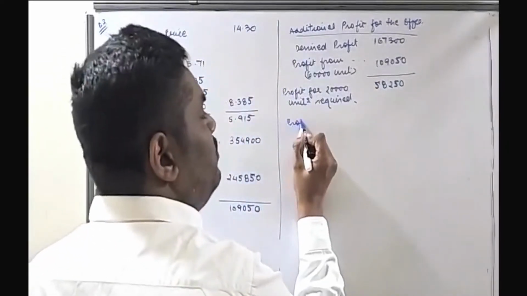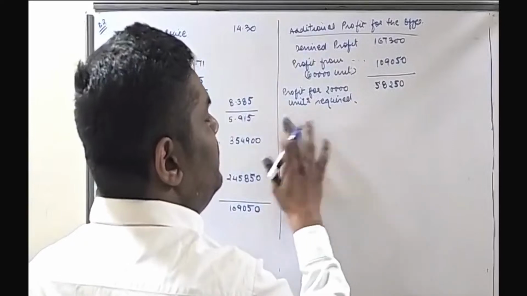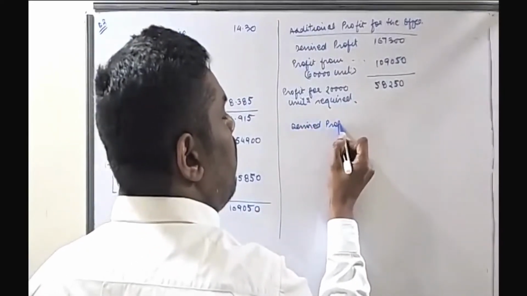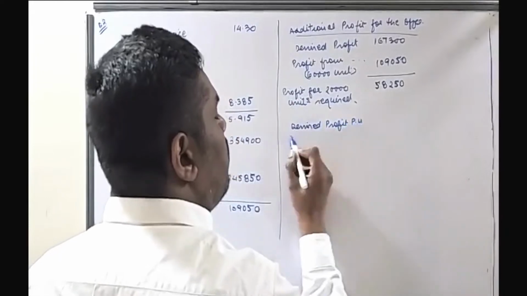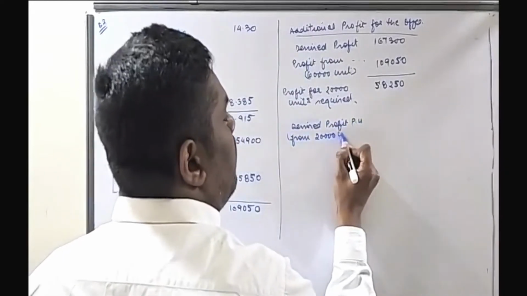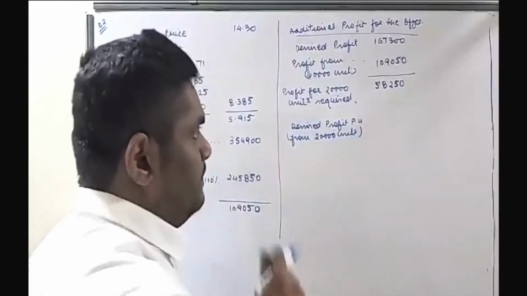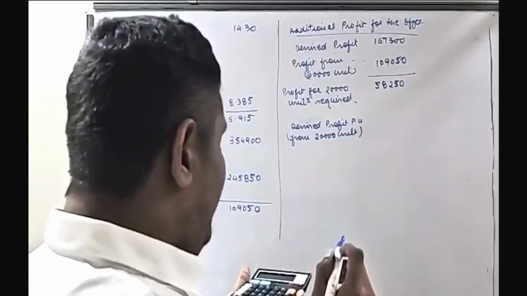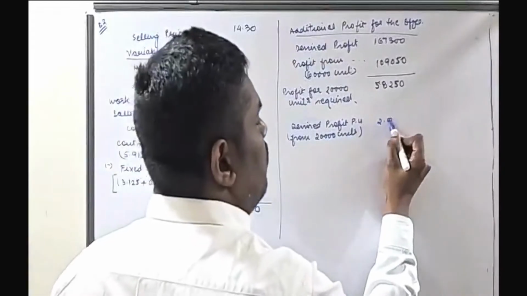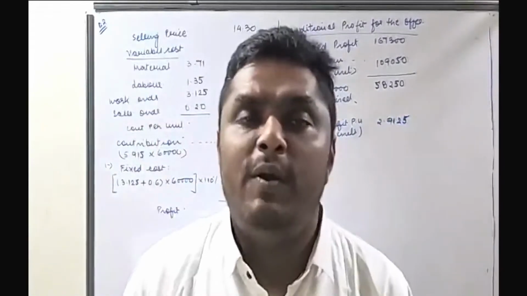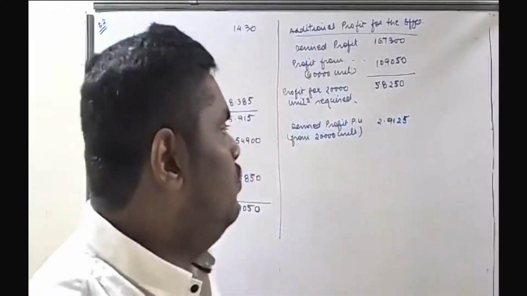So profit per unit, how much do we want? Desired profit per unit is $2.9125. So per unit, we want a profit of 2.9125.